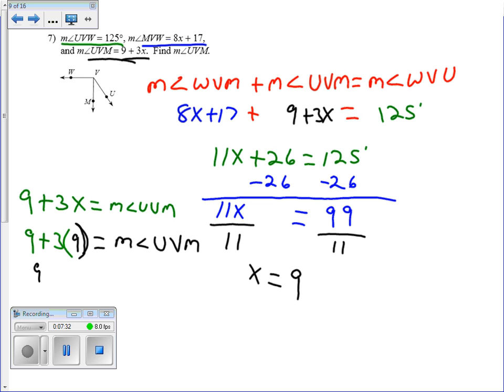So, that is going to be 9 plus 27, which is equal to the measure of angle UVM, which is going to be 36. Make sure you answer the question.